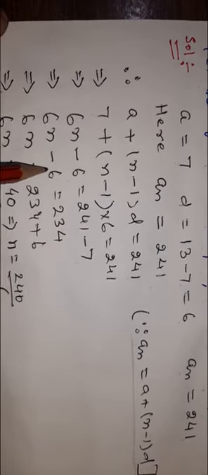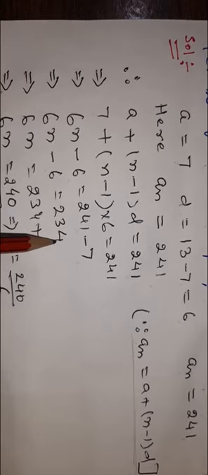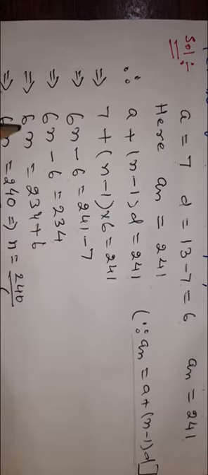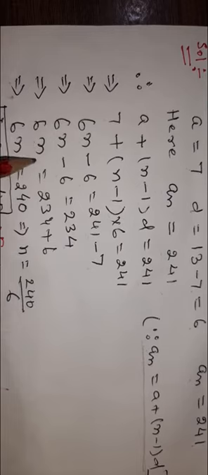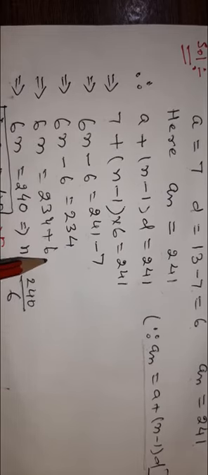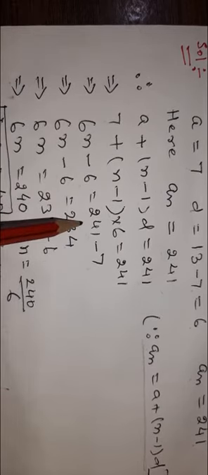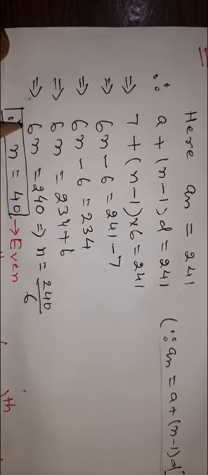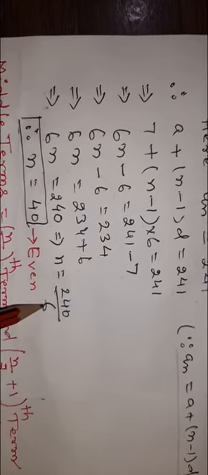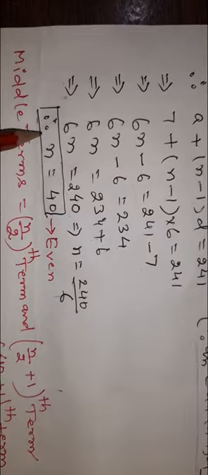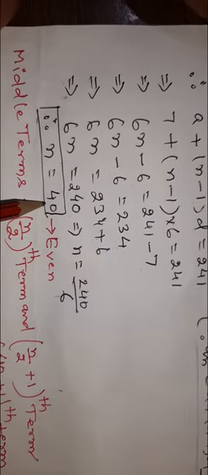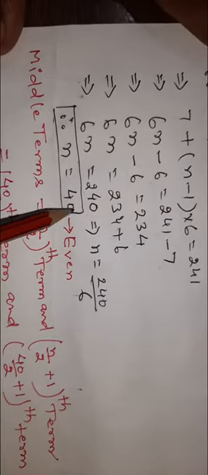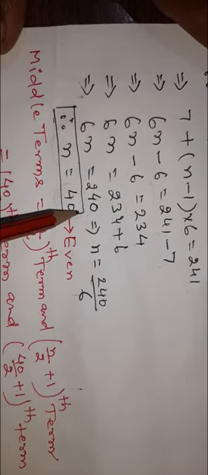This implies 6n minus 6 is equal to 234. Okay. Again in the next step 6n is equal to 234 plus 6. After transposing minus 6 to this side it will be plus. Okay. This implies 6n equal to 240. So n is equal to 240 by 6. So therefore here n is equal to 40, and this n, 40, is an even number.